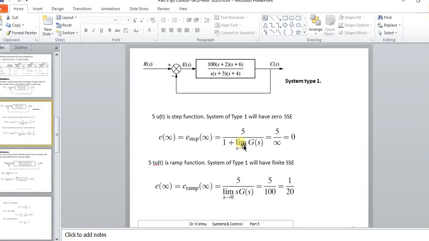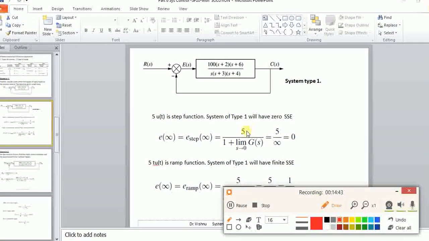Now if you put s equal to 0 in this G of s, here you have 0 in the denominator, so the whole thing gets infinite. So it is 5 over infinite, which is 0. This is what we said in the table before: if you have a type 1 system and you give a step input, you will get 0 error. This is from this table.